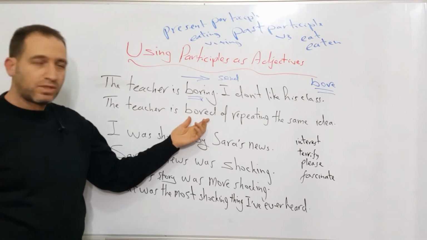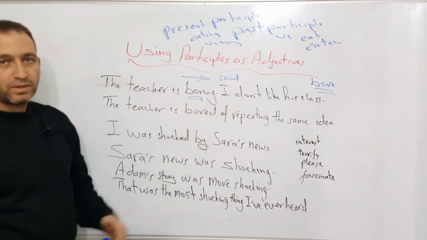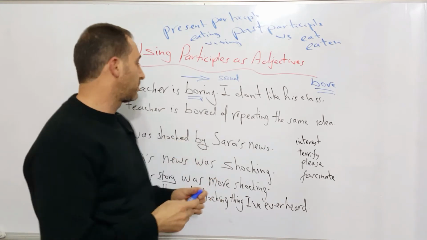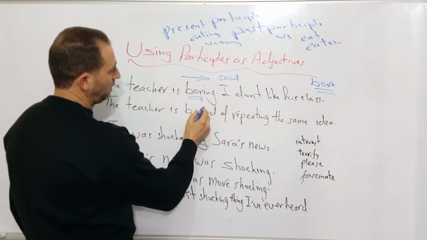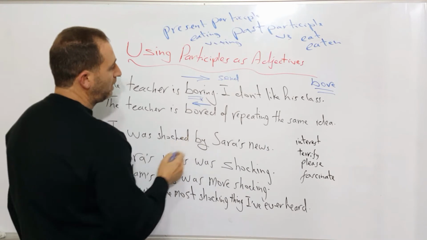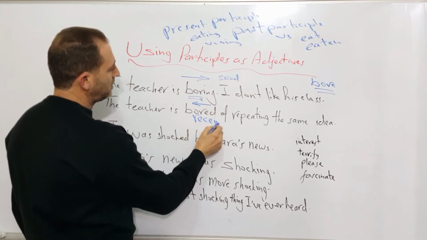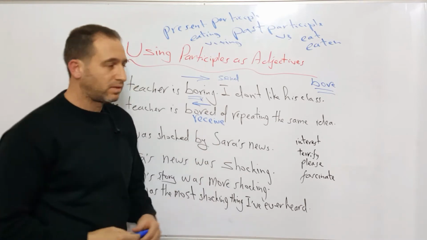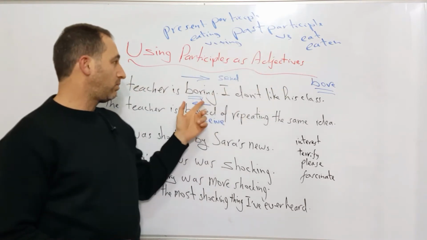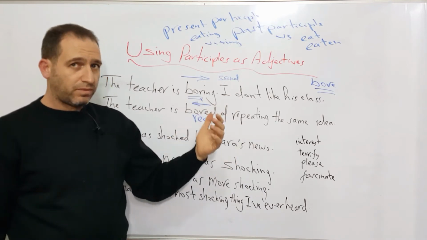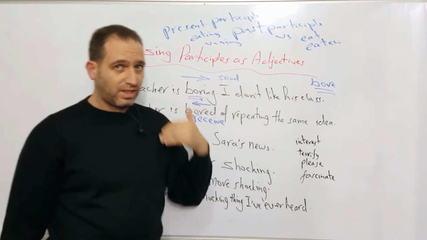However, when it comes to this one, the teacher is bored, the teacher is receiving something. He's the one feeling something. So the arrow is going to be like this. And you can say he receives. He's receiving. So I'm going to write receive. So send, boring, ing. Bored, verb 3, receiving. He is receiving.